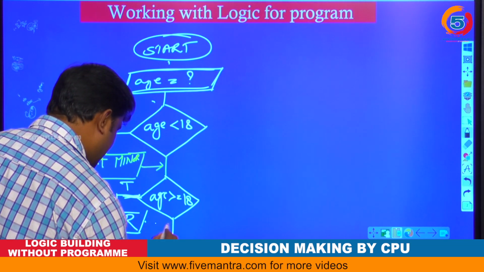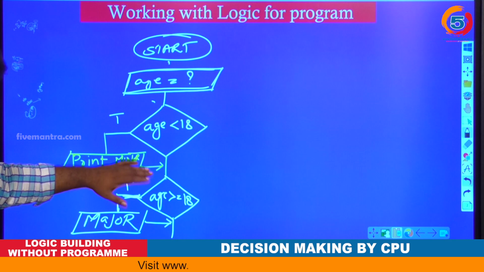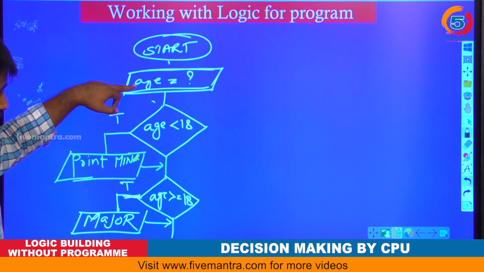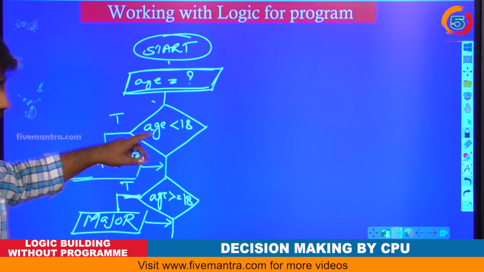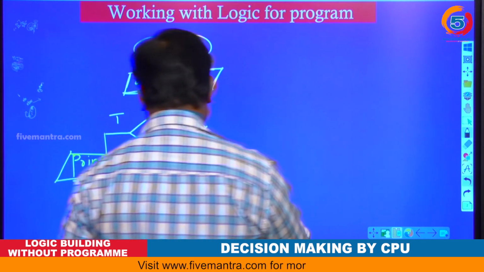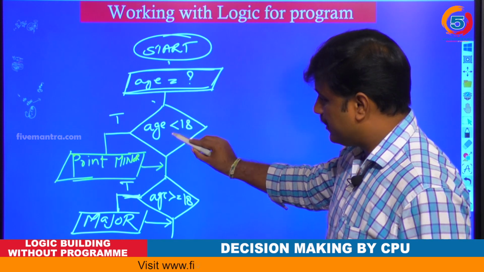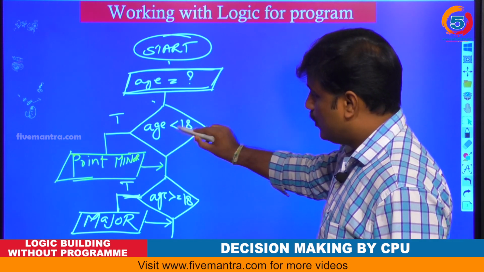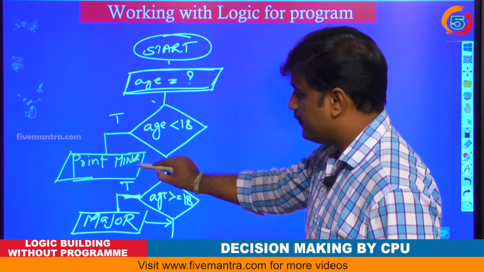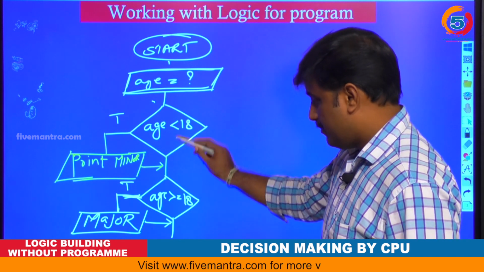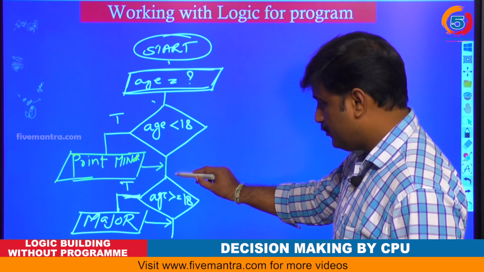Once it is completed, once again this. See that logic. Age I am getting, I'm checking the age with the 18, comparing with the help of comparison operator. Already we know the mathematical symbols. If it is true, it will print minor; else, if it is not true, it will come down.